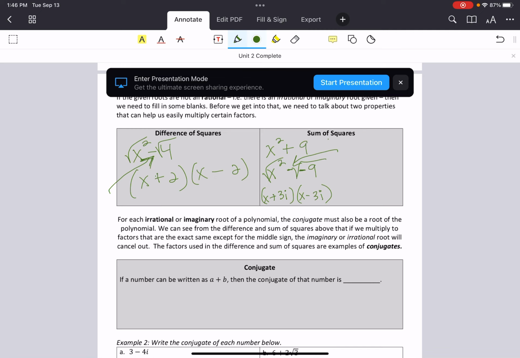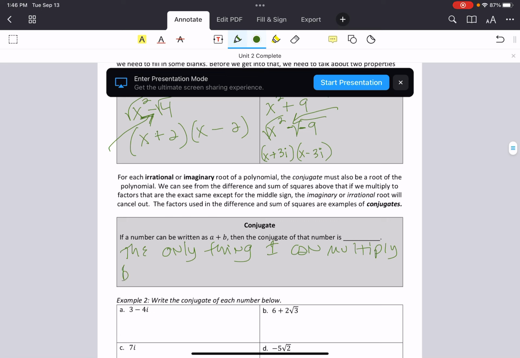The only thing I can multiply, this is what I'm defining a conjugate as, the only thing I can multiply, that's a B, by an imaginary or irrational number to make it nice. Does that make sense?